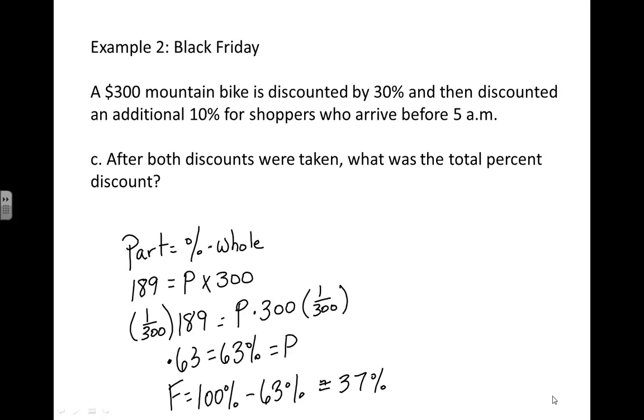That gives us 0.63 equals 63%, which equals P. We take 100% minus 63%, and that gives us 37%. You have to take one at a time there. Take the 30% and then the 10%. You cannot just add them together.